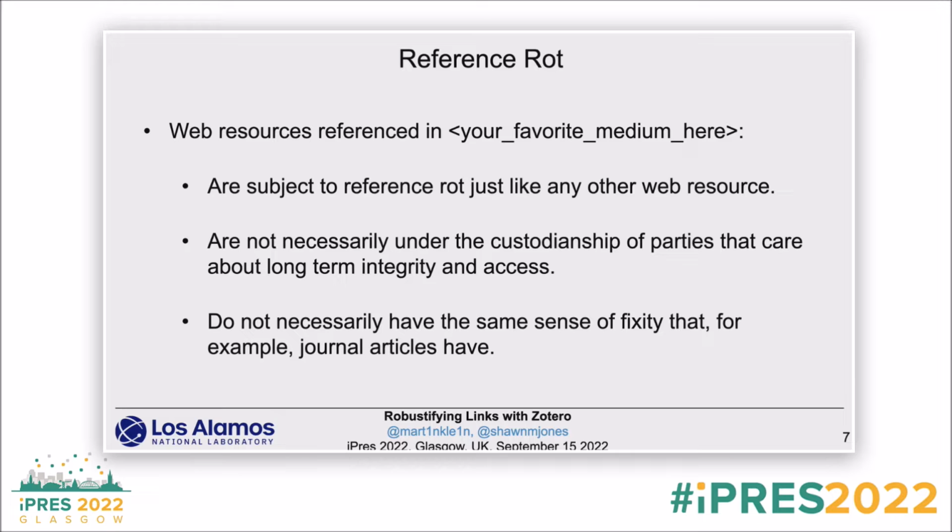In addition, I think it's fair to say that these resources on the web don't necessarily have the same sense of fixity that we are used to from, for example, scholarly articles in PDF form as published by a commercial publisher. So all these are observations that motivated us to investigate these phenomena and to propose a solution.